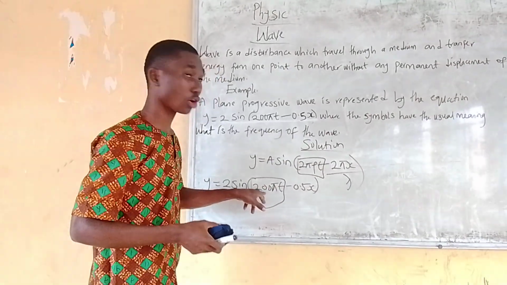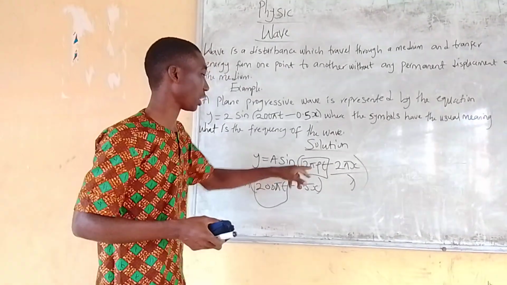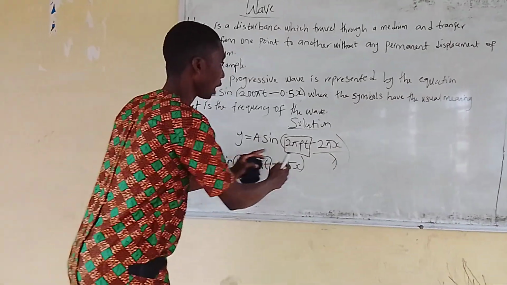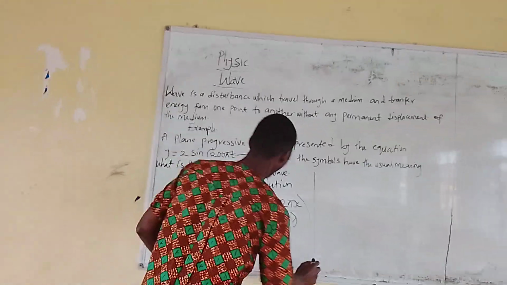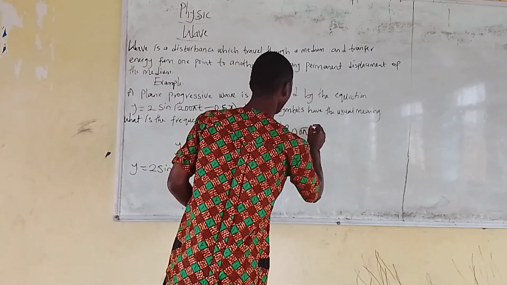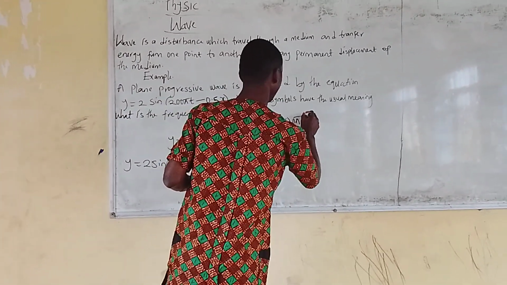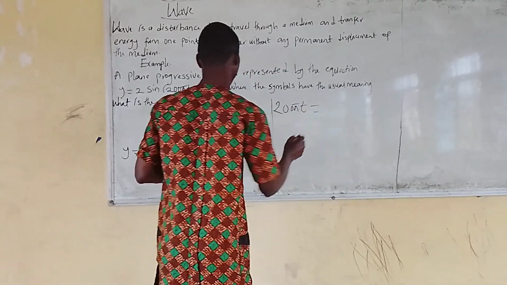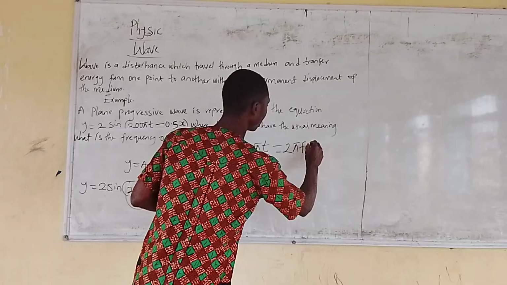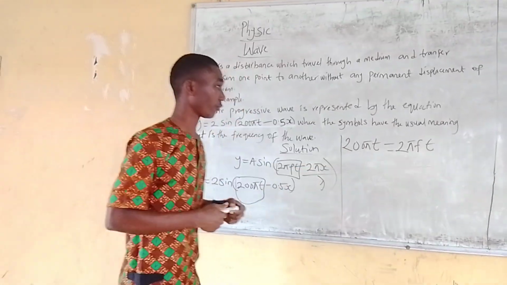So we bring down these two terms: 200 pi t equals 2 pi ft.